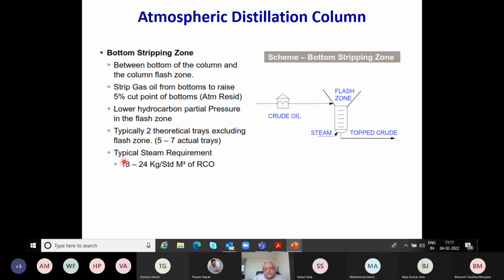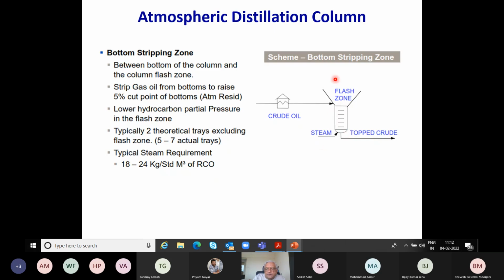This is the kind of ratio that we use, 18 to 24 kg per meter cube. The idea is that the steam strips all the dissolved hydrocarbons in this residue so that none of the diesel components go in. That helps us to increase the IBP of the top crude. This is also called a top crude.